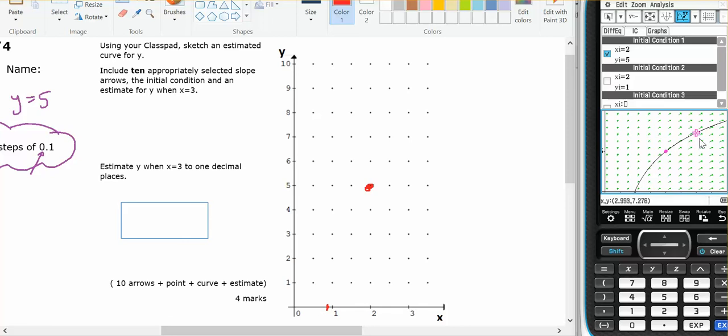At 2.998, y is 7.28. I'm going to use 7.28 as my estimate, and at 3 I need to be at 7.28. So I'm comfortable that this is going to be my curve.